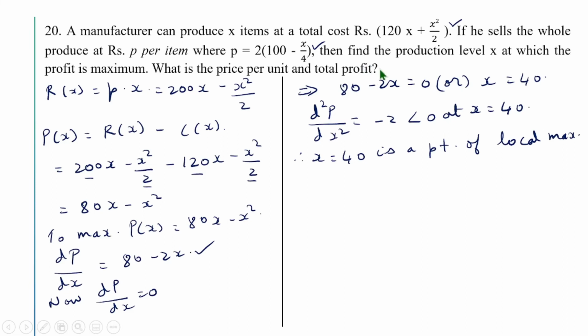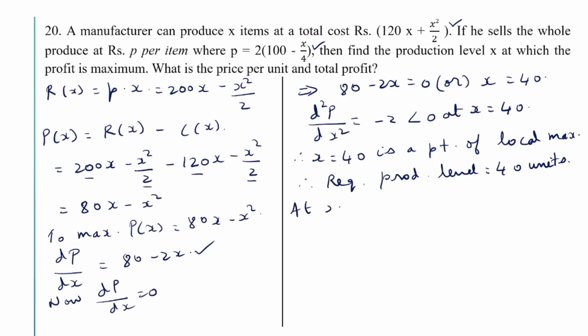So we are asked to find the production level x at which the profit is maximum. So this is the production level. Therefore, the required production level is equal to 40 units. Then we are asked to find the price per unit and the total profit at this level.